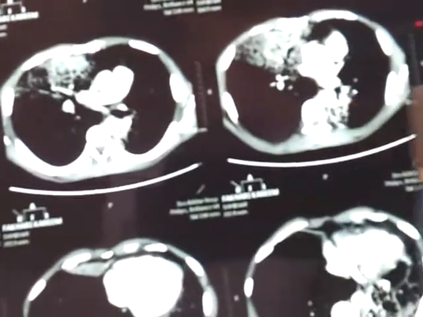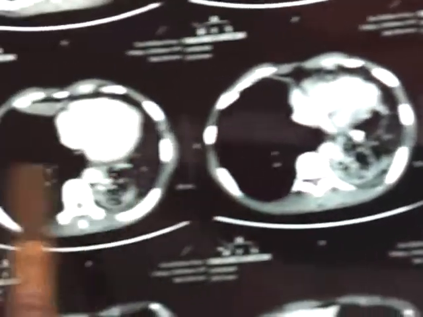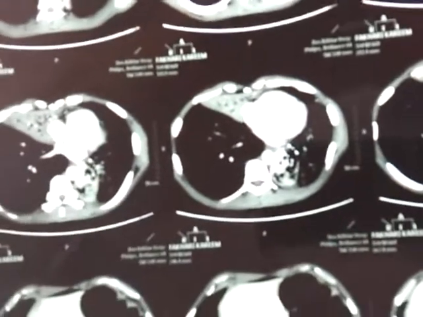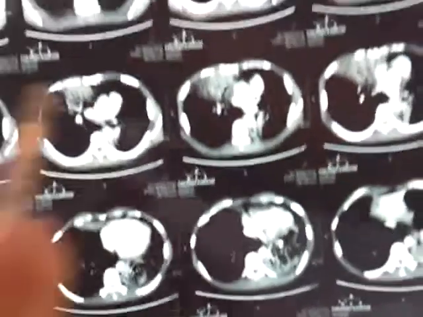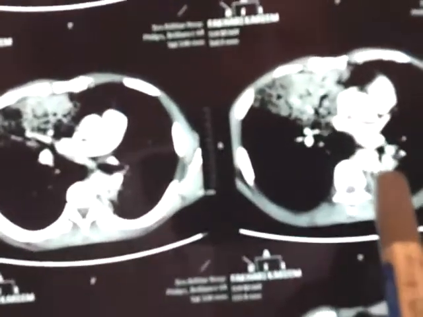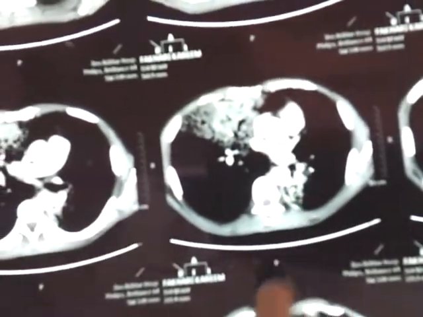This is the left lower lobe, with consolidation with air bronchogram all over this left lower part. Therefore this patient got pneumonia in the anterior part of the right, the middle lobe, and in the lower part in the left, in the left lower lobe, pneumonia.